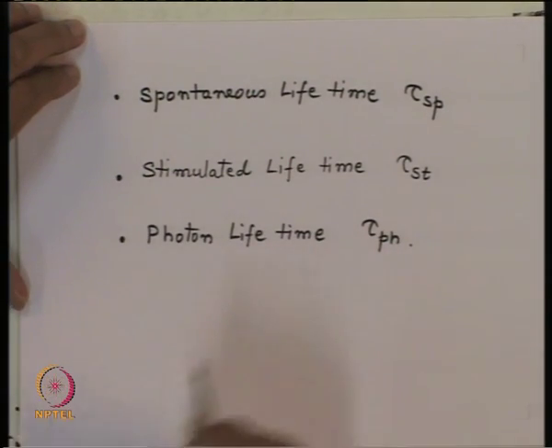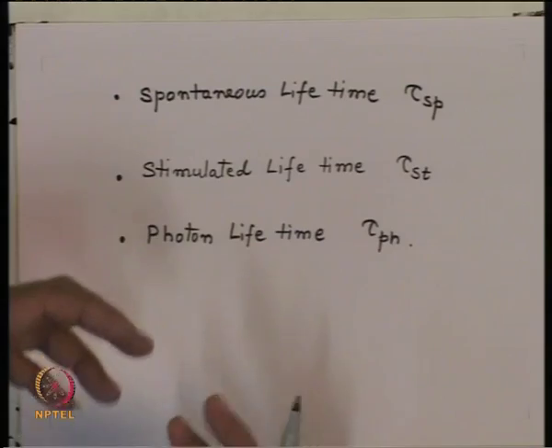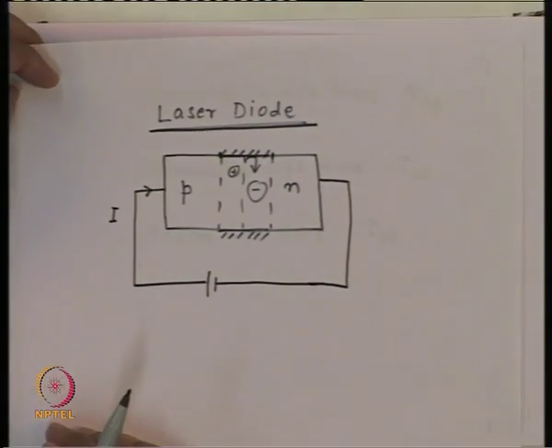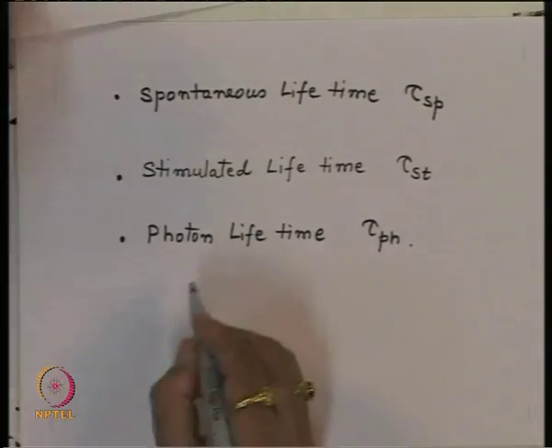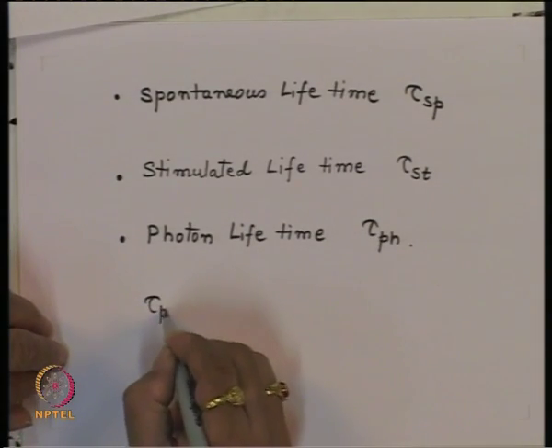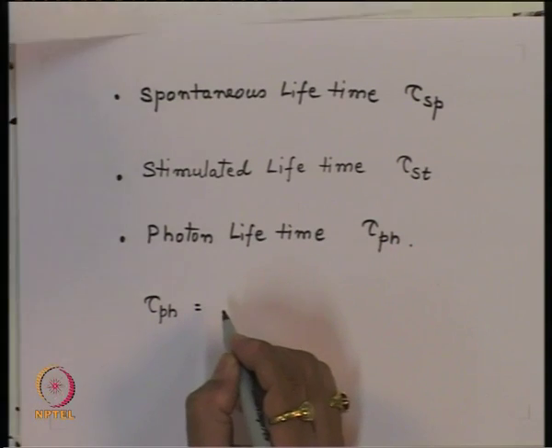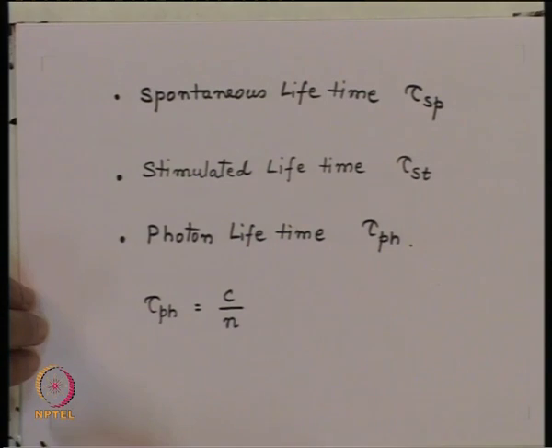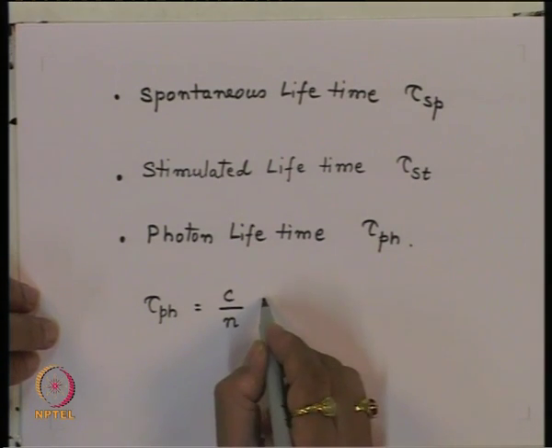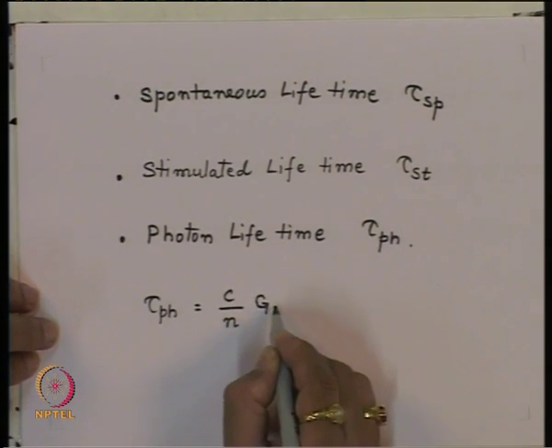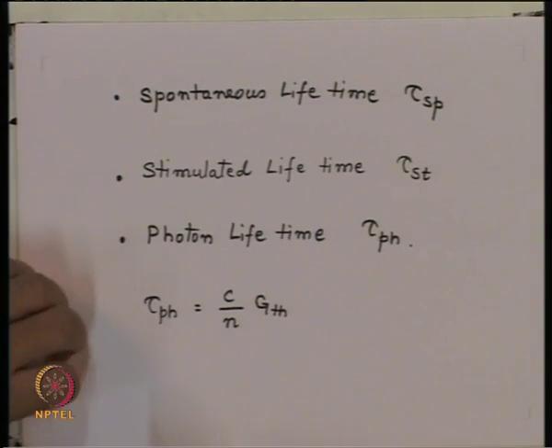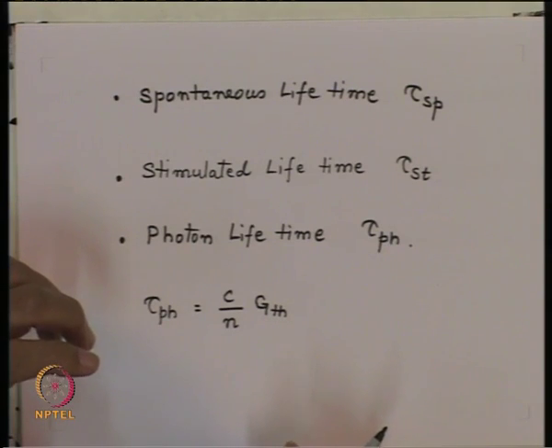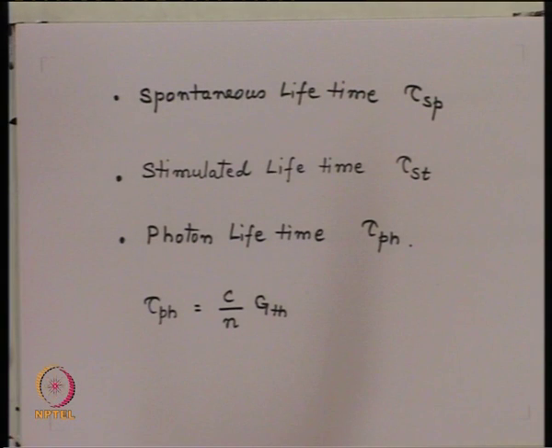And how long the photon resides inside the cavity essentially depends upon what is the threshold gain for the lasing inside this device. So, this tau photon, tau ph is equal to c by n, where n is the refractive index of the material, into the threshold gain of your device, g_th. And threshold gain is the gain at which the oscillation is just sustained.